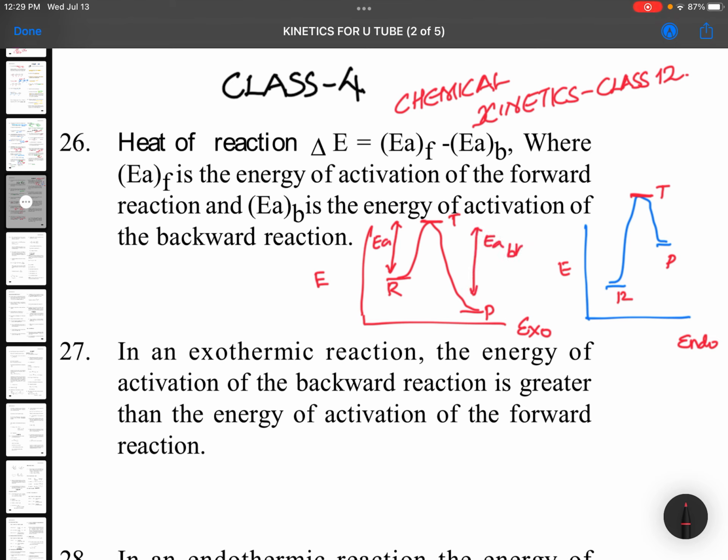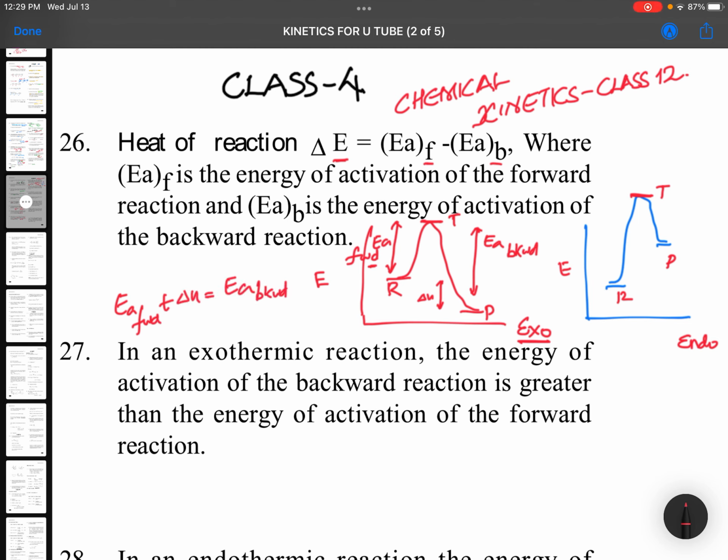Heat of reaction delta H: delta H plus activation energy of forward is equal to activation energy of backward, where EAF is the energy of activation of the forward reaction and EAB is the energy of activation of the backward reaction. For exothermic reactions, activation energy of forward reaction plus delta H is equal to the activation energy of backward reaction.